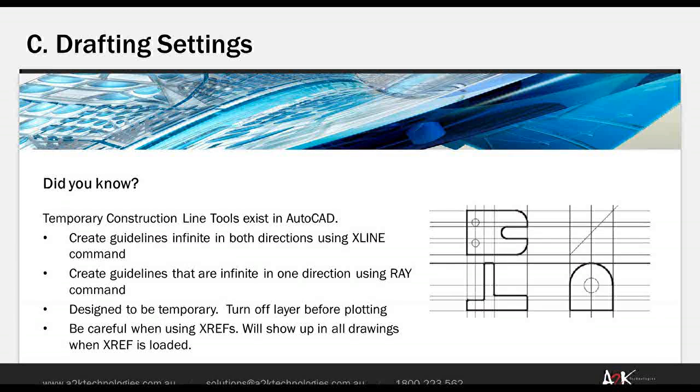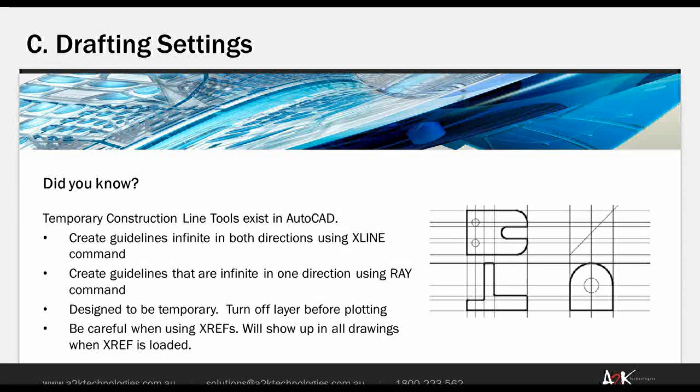Depending on what you want to do will depend on how the line behaves. If you're creating guidelines that are infinite in both directions, use the X-line command. If you need one infinite in one direction, you can use the ray command.